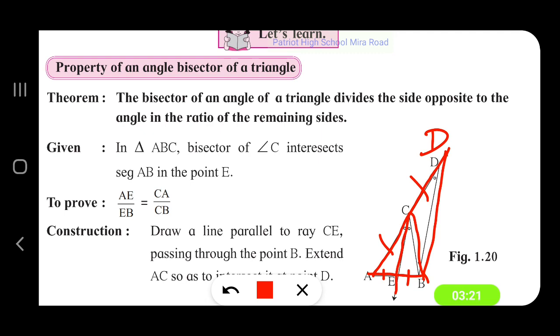So what we will do now, you consider this. I will make the diagram bigger.